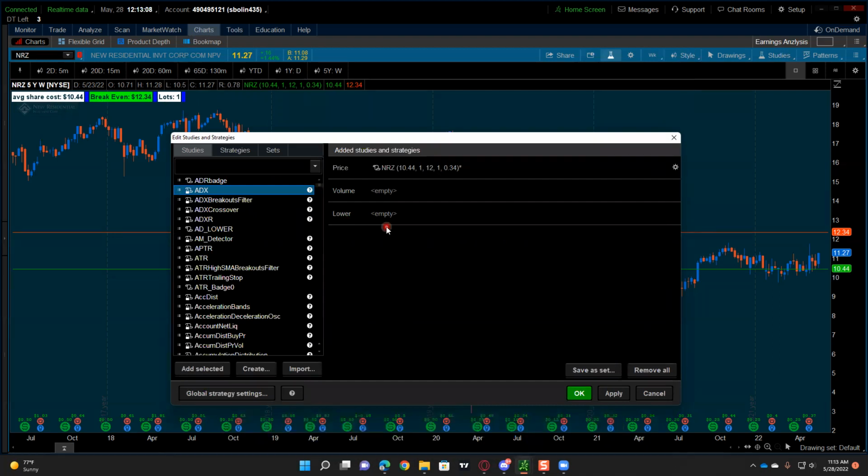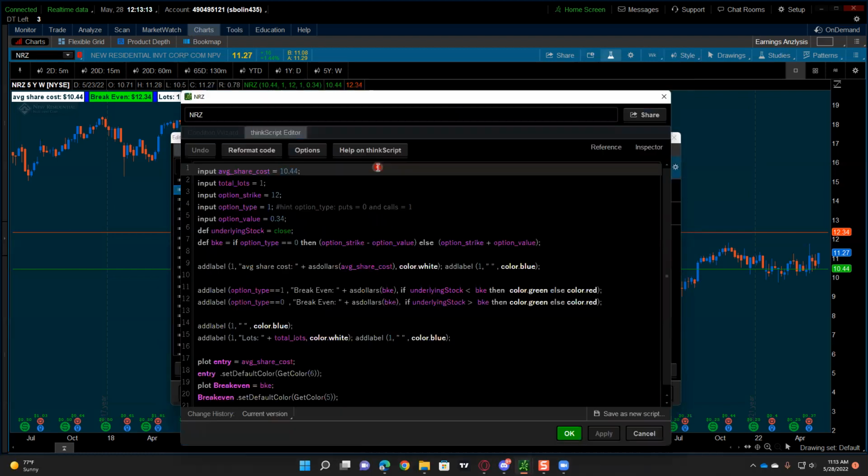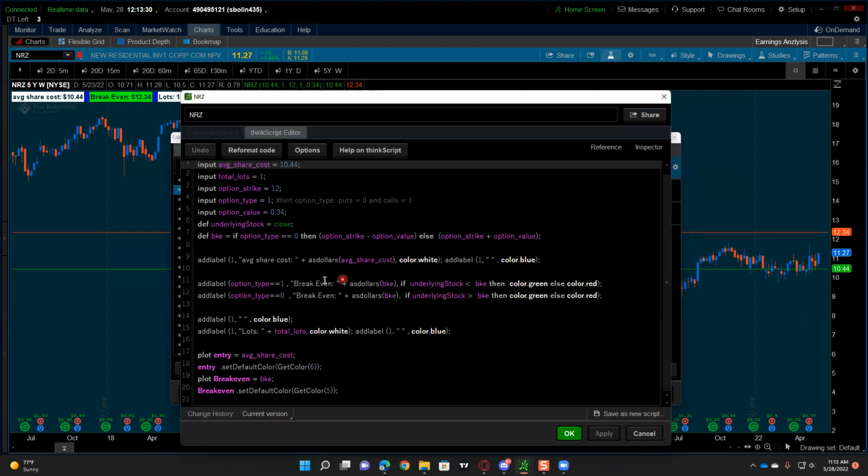So now what we want to really keep track of is what's my actual share value. I paid $10.44 a share, but I've already earned money, right? I sold an option for 34 cents. So technically speaking, I no longer have 100 shares at $10.44 a share.